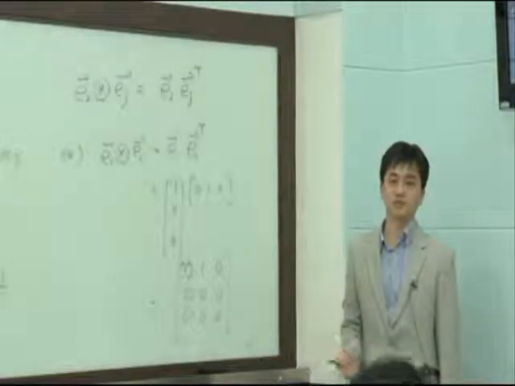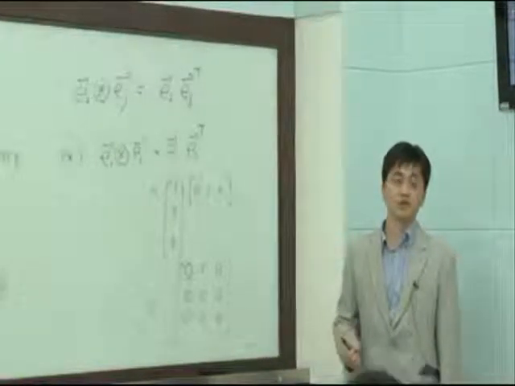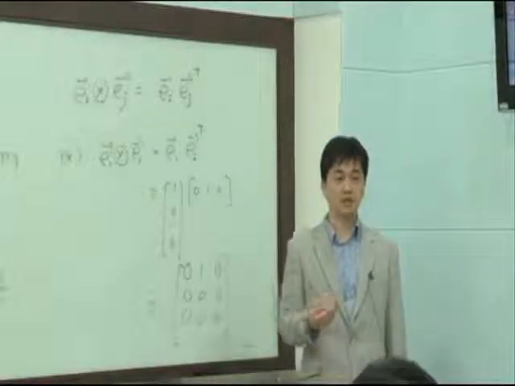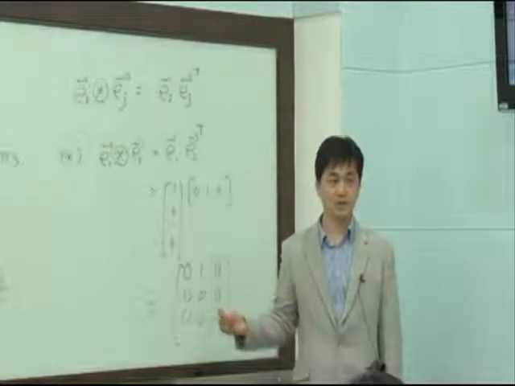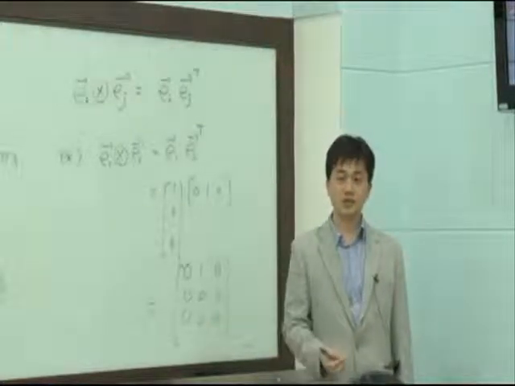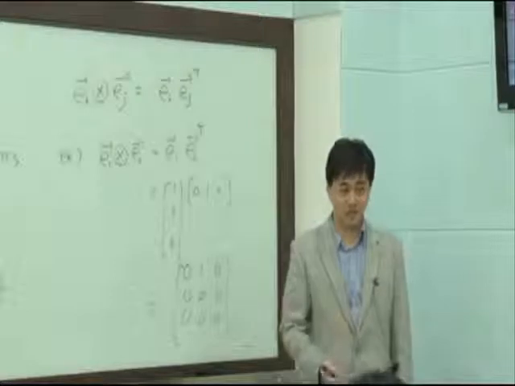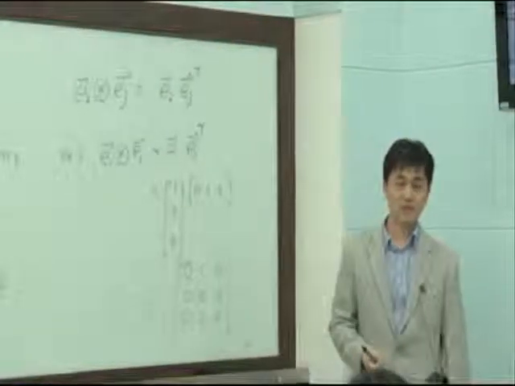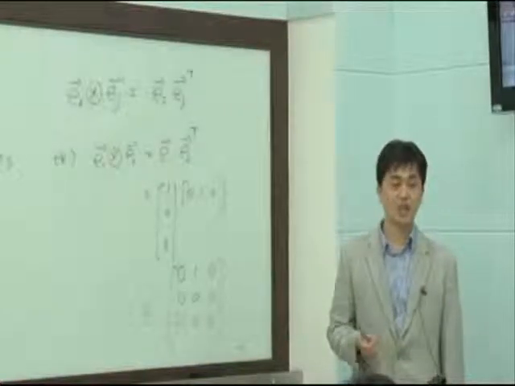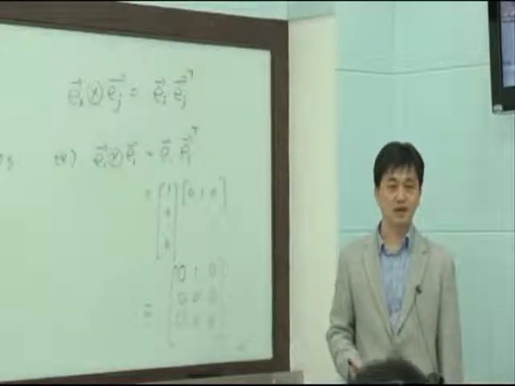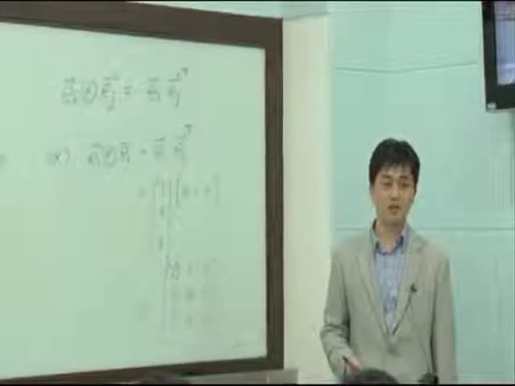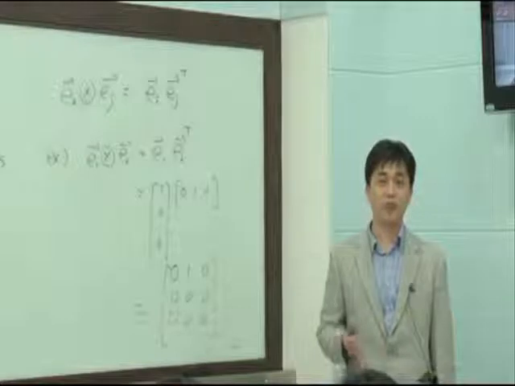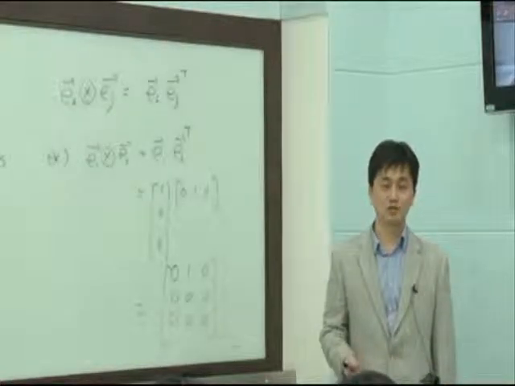This is not a dot product. The dot product, vector product, tensor product are all operators on vectors, right? The dot product gives us a scalar value, right? How about the cross product? The cross product gives us a vector as output.